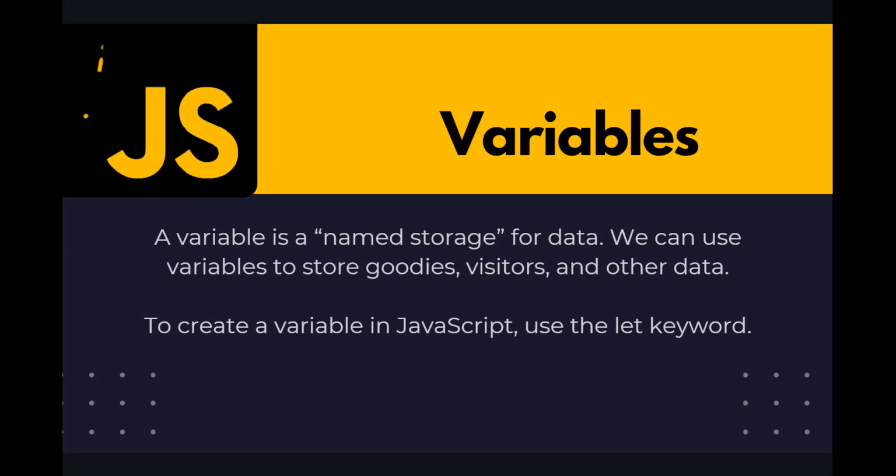So variables are items, or let me call them, as I've written here, named storage. So remember initially when we started class, we talked of memory. We talked of the computer having memory. We talked of the random access memory.